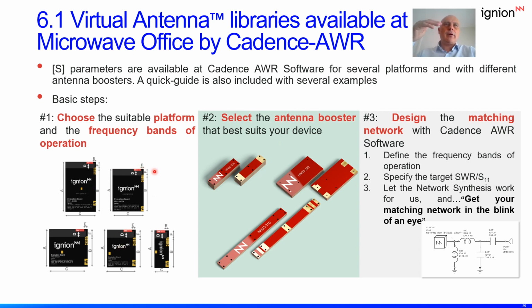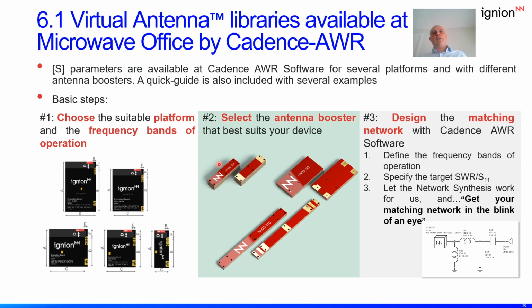So as you know, in a microwave simulator, you have libraries for diodes, transistors, capacitors, inductors, amplifiers, and filters, but not for antennas. Now in this case, you can get the S-parameter for a device with a particular dimension and with a particular antenna booster.